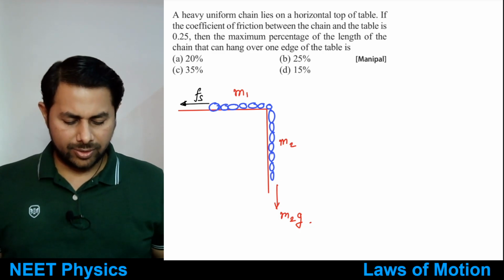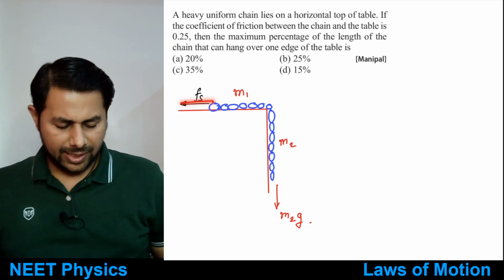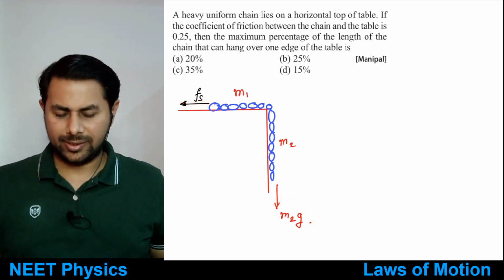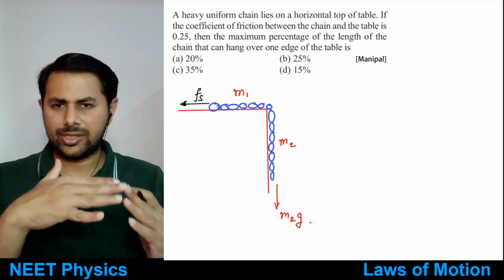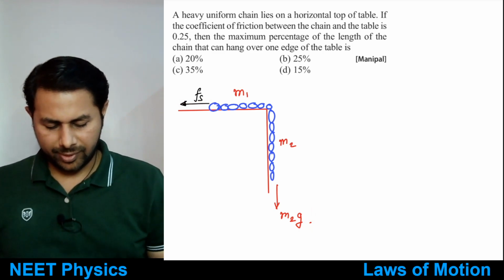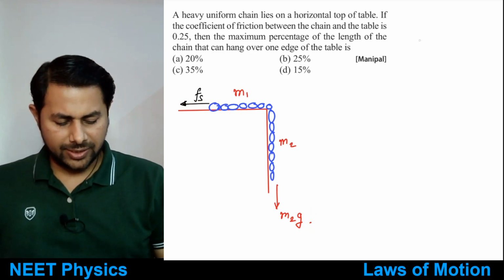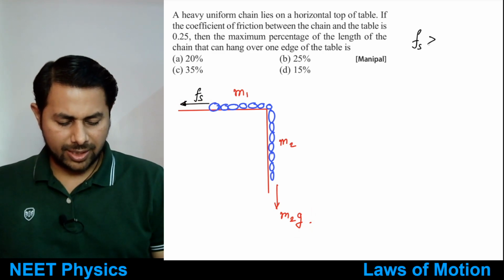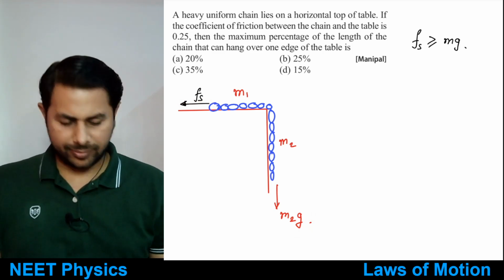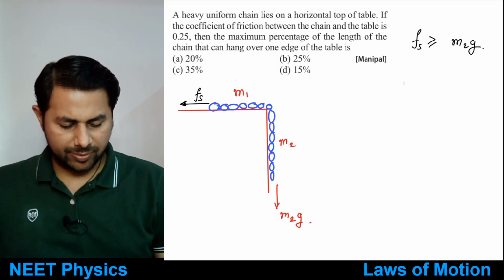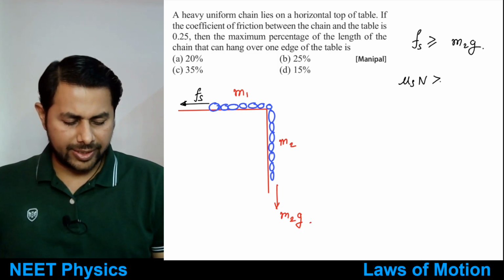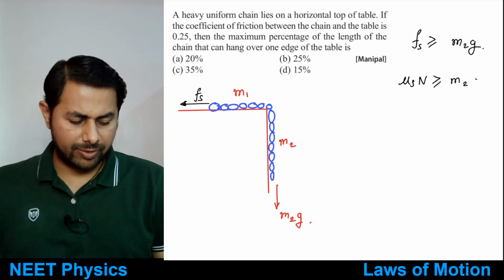right? So now friction and this weight must be balanced so that the chain doesn't slide. Okay, so you can say Fs must be greater than or equal to mg, or m2g. And what is Fs? It is μs multiplied by the normal reaction, greater than or equal to m2g.